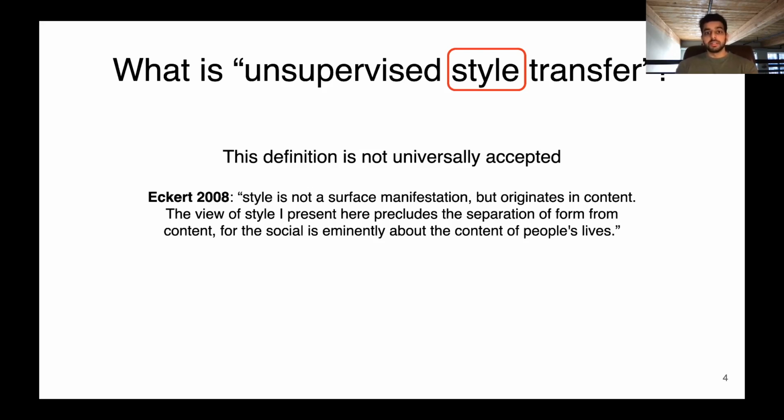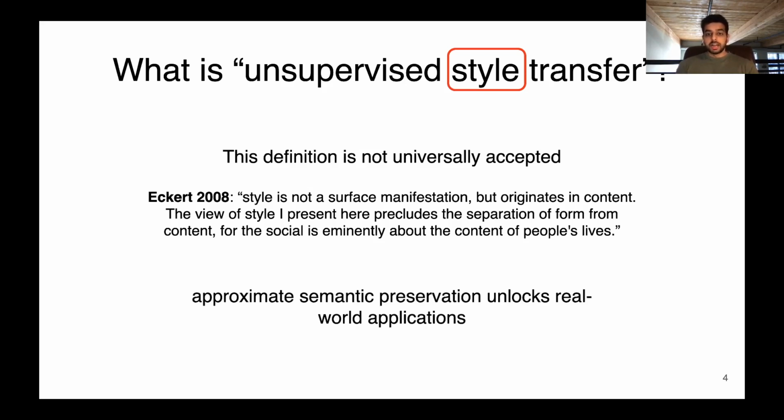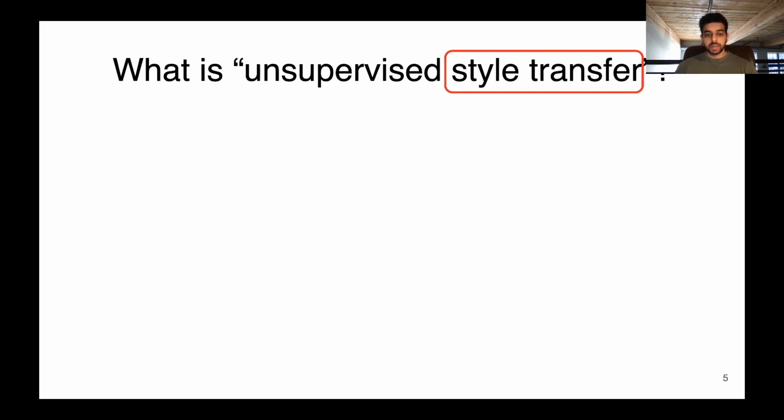It's actually linked to the social context in which the sentences are being uttered or written. We acknowledge that our definition of style does focus specifically on the fact that it can be isolated from content as a surface form. But even our definition of style unlocks real world applications if you can do style transfer in this way.